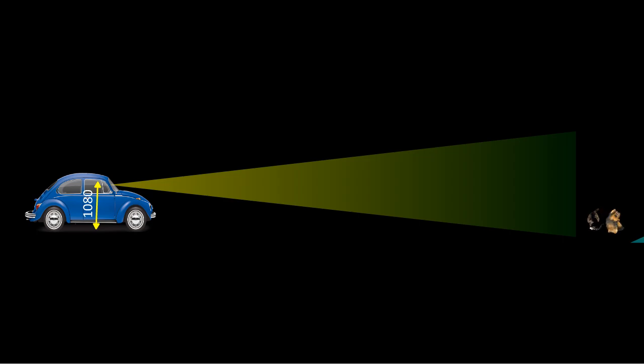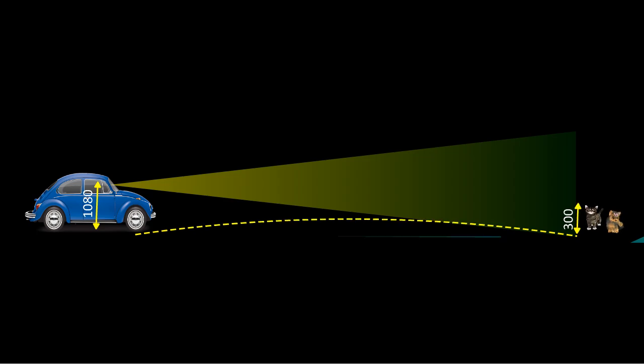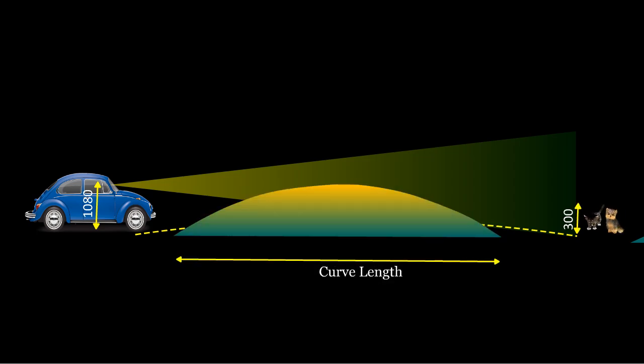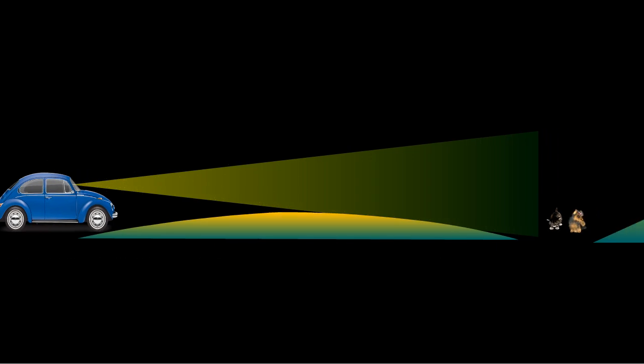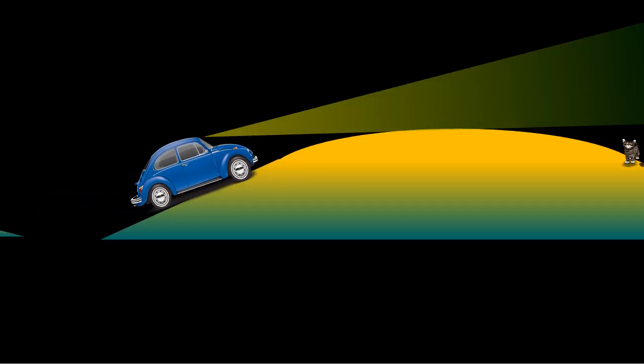The minimum object height visible to the driver is 300 mm, 1 foot. If an object is not visible within the required sight distance, the vertical curve length must be increased by reducing the rate of change of grade. By ensuring an adequate stopping sight distance, we enhance road safety and driving efficiency.